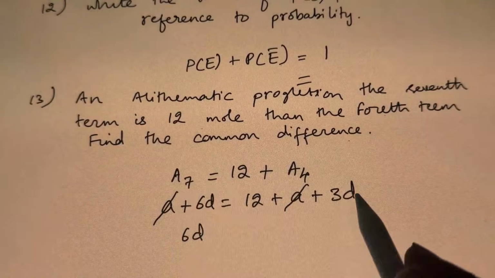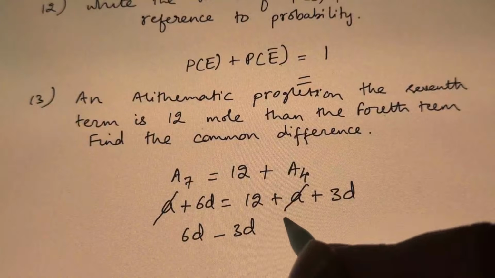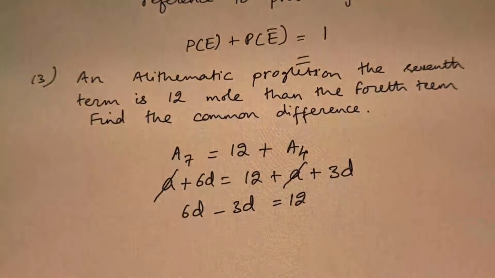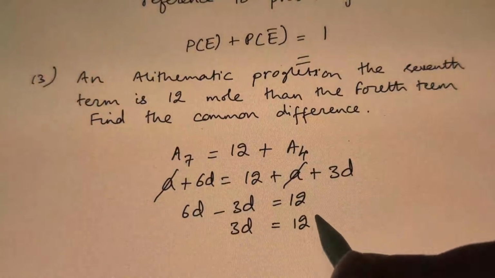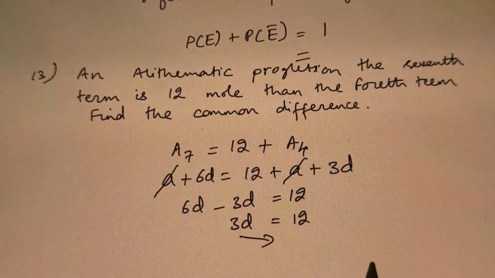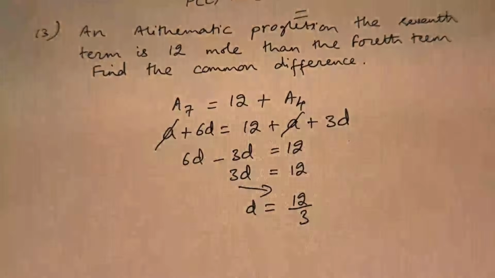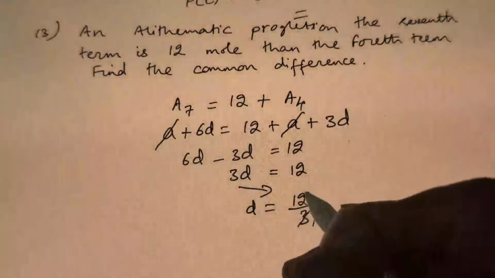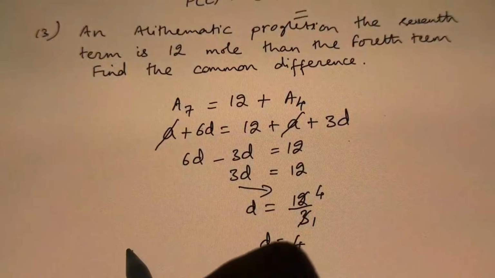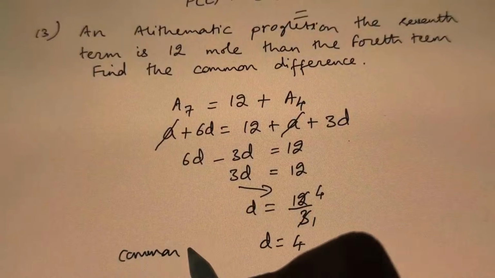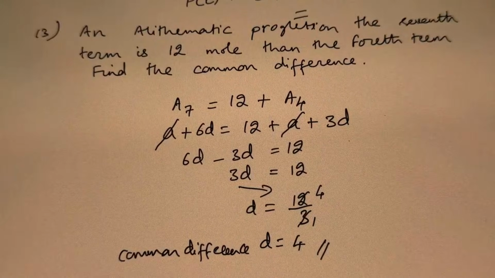As you are sending it to the left side, plus will become minus. 6D minus 3D equals 12. So 6 minus 3 is 3, 3D equals 12. Cross multiply 3, we have D equals 12 by 3. So 3 ones are 3, 3 fours are 12. So D equals 4. So common difference is 4. This is the given answer.